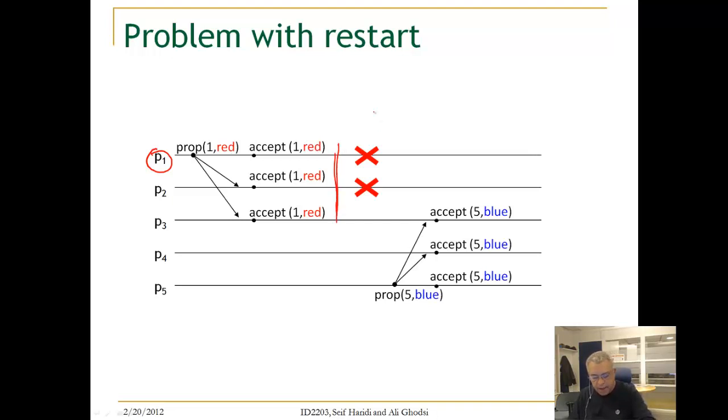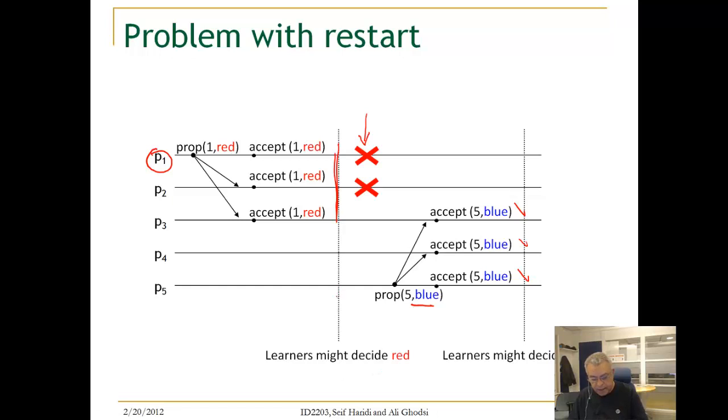Then P1 and P2 fail. Then P5 proposes the value blue, and it is accepted by the 3 nodes P3, P4, and P5. But now we have a strange situation where we are violating agreement, because at this point a learner may decide on red, and at this point a learner may decide on blue. So we are violating agreement.